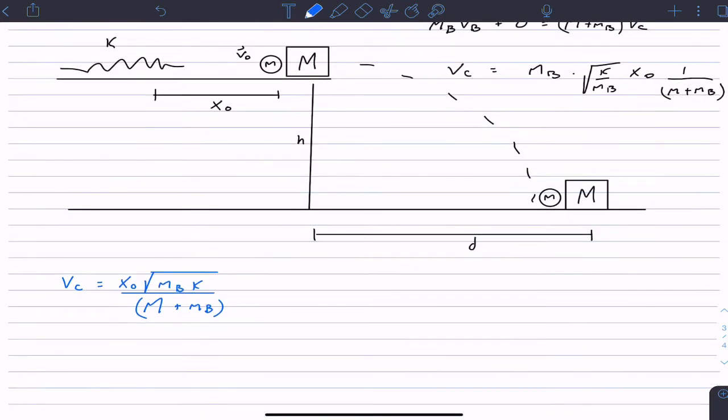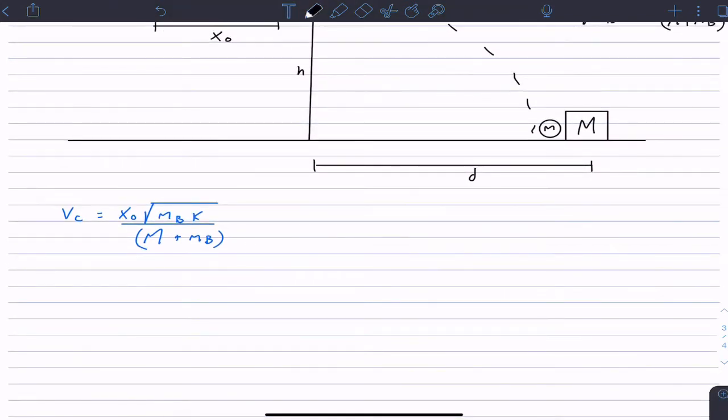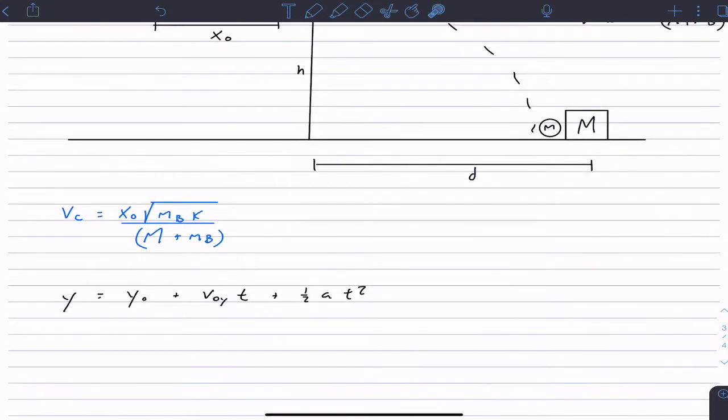If we look at the y direction, we have y naught plus v naught y times t plus half a t squared. Remember, final height is 0. This is h. v naught y is equal to v naught sine theta, but our launch angle is 0, so this is sine 0, which is 0. So there is no initial y velocity.